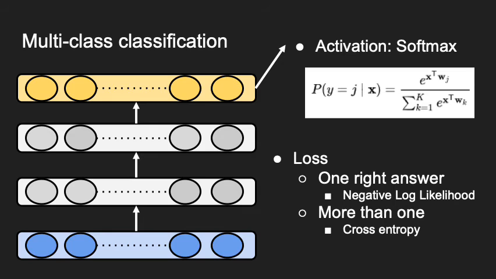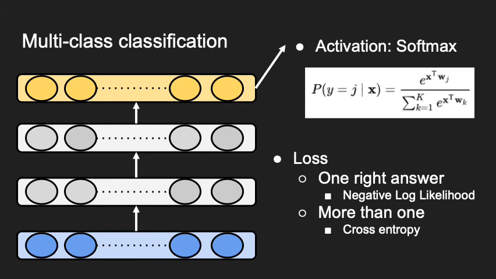For that reason, the output of the neural network has to be interpretable as a distribution of probability over the different classes. For that to be true, the sum of the outputs has to be 1, and each one of these neurons has to have a value between 0 and 1.